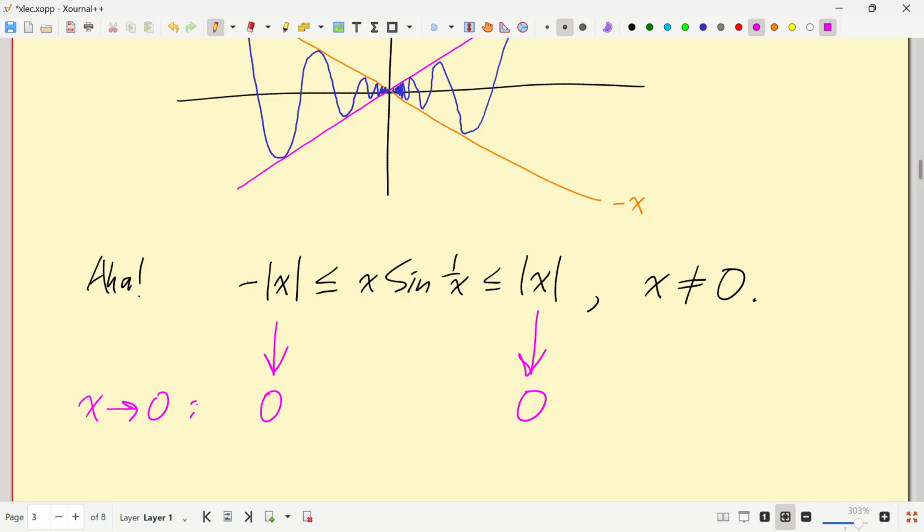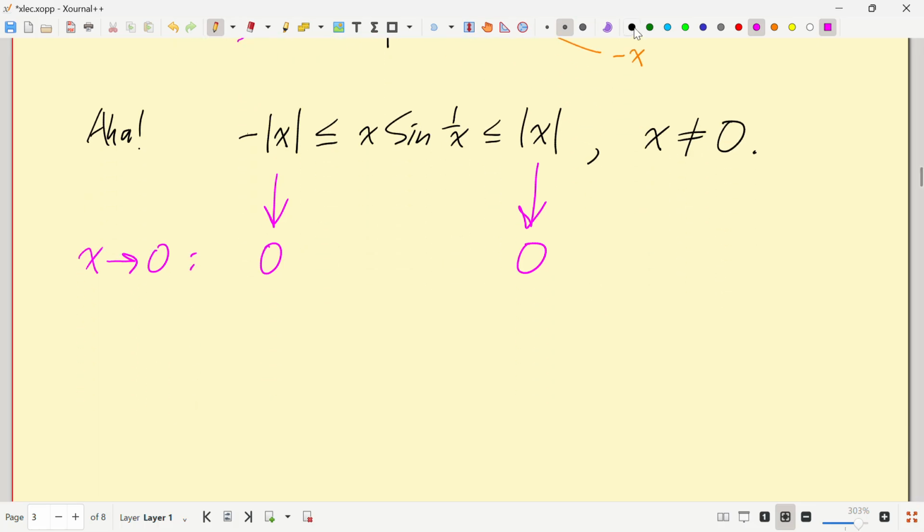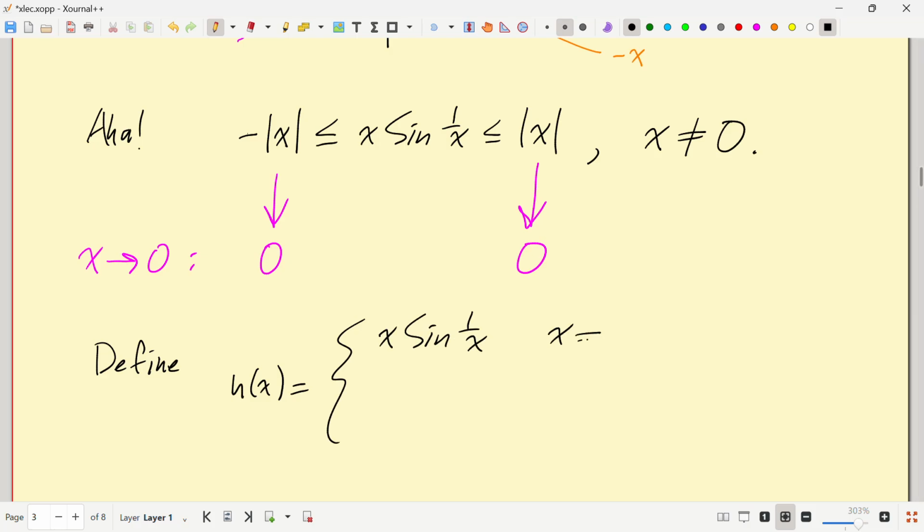And so let's define, it would make sense, I'll define h of x to be equal to x sine 1 over x if x is unequal to 0, and 0 at x equals 0.